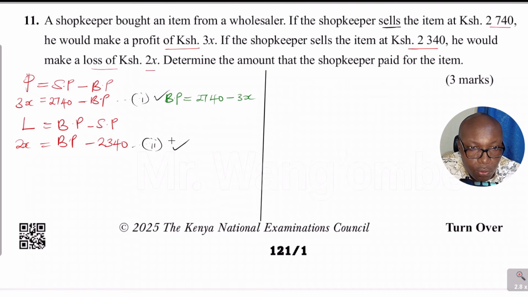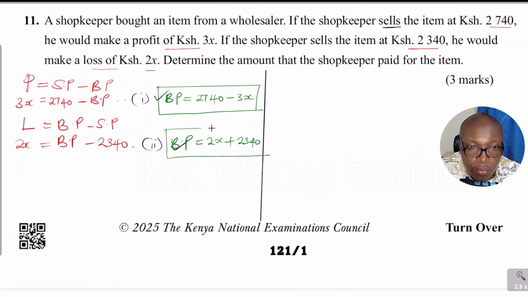Buying price will be given by 2x plus 2340. So now you have these two equations and they are representing the same thing. Both of them have BP, or the buying price, as the subject.